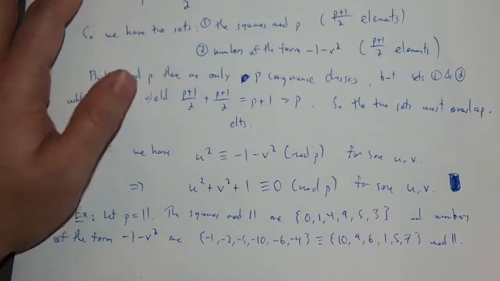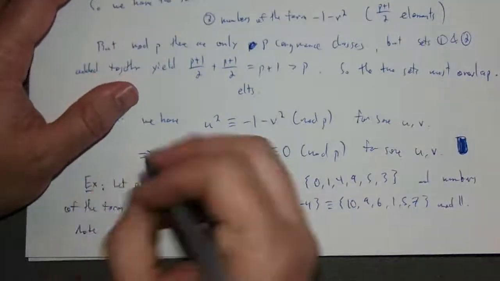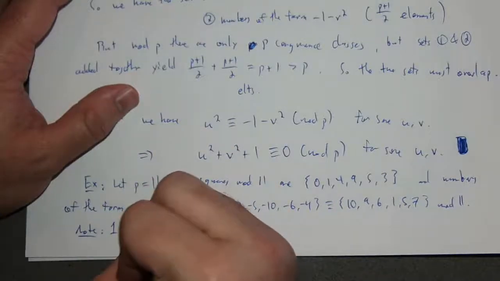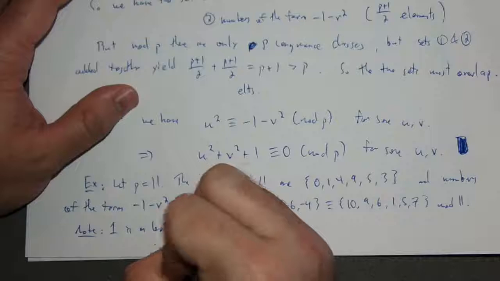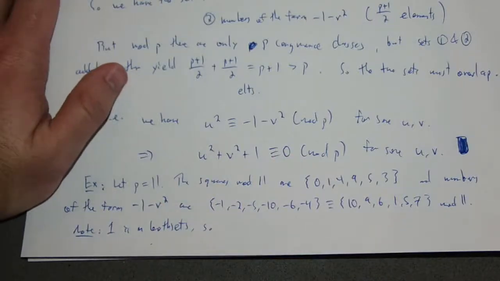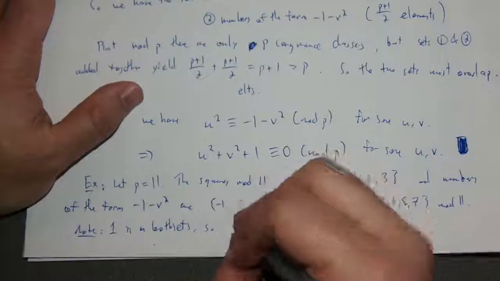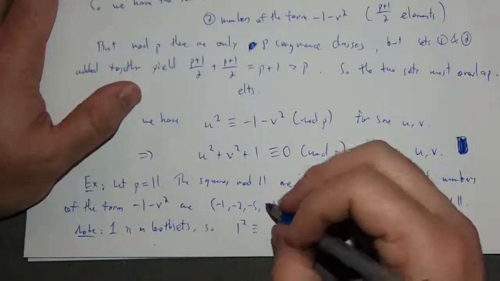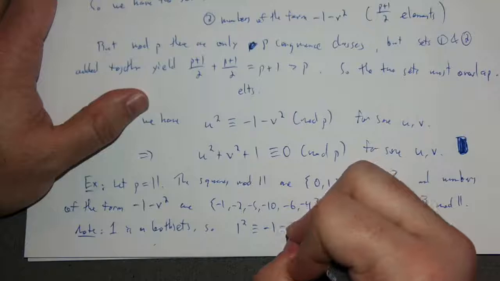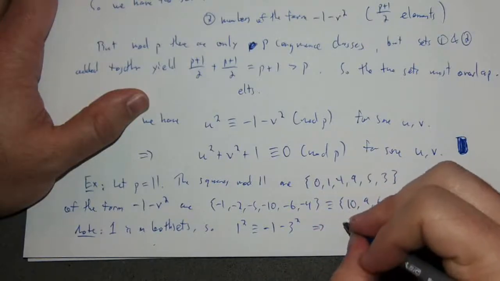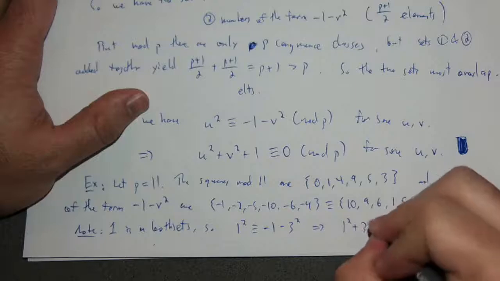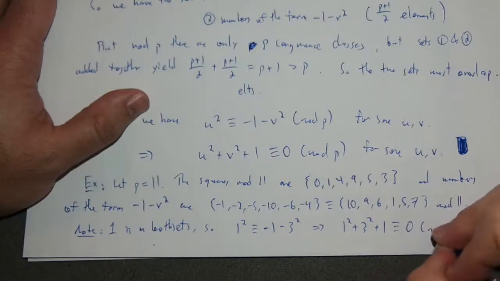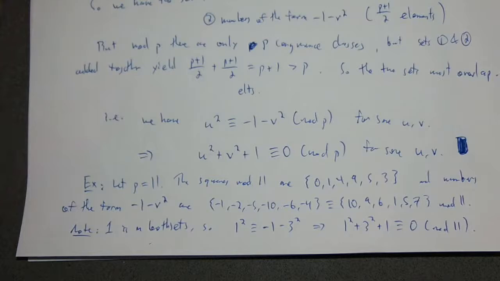Note, for instance, 1 is in both sets. So as in this lemma, 1 squared is congruent to minus 1 minus 3 squared, or 1 squared plus 3 squared plus 1 is congruent to 0 mod 11. So that example illustrates the thought process here.